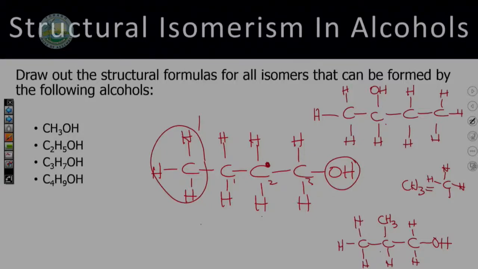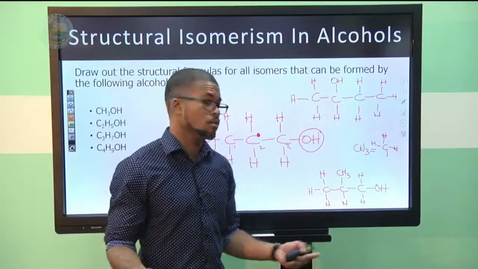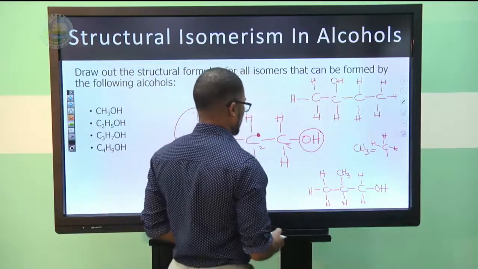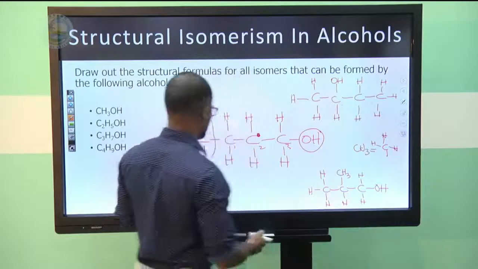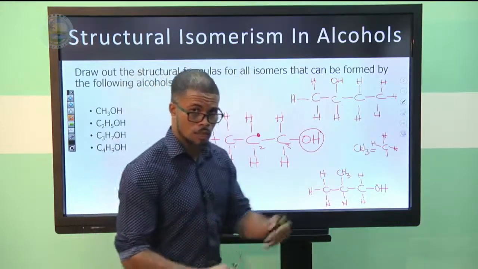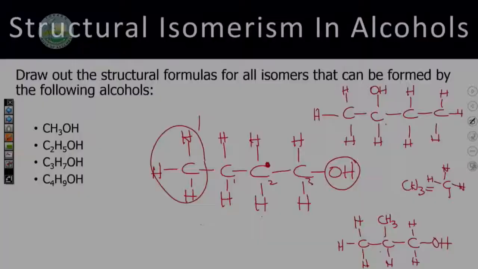Okay? So now, can there be another isomer that comes from this? Let's check it out. The next isomer, some may say, all right, sir, let's move another group, let's move another carbon and put it in. So you can explore all your options, all right?